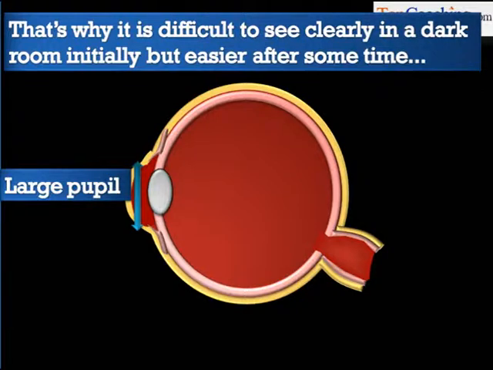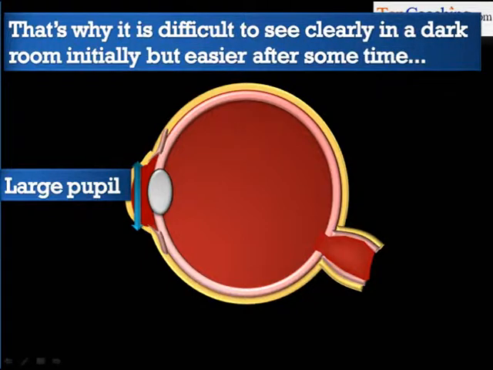Because it is used to getting a lot of light. It takes some time to open up and allow more light to enter. So that is why after some time the pupil opens up and it allows more and more light to enter. Understood? So that is the reason it takes some time to get accustomed to the objects in a dark room. You start seeing them after some time because the pupil takes some time in opening. It cannot open and close suddenly.